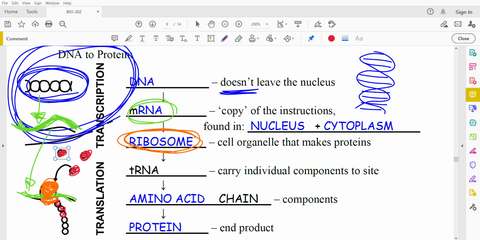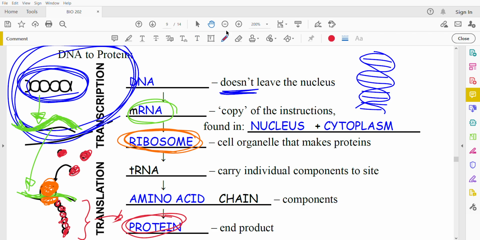And this chain put all together is going to be our protein. Then it folds and does all sorts of other things. So notice DNA never leaves the nucleus, whereas the RNA made a copy of the DNA, and that was to be found both in the nucleus and outside the nucleus.